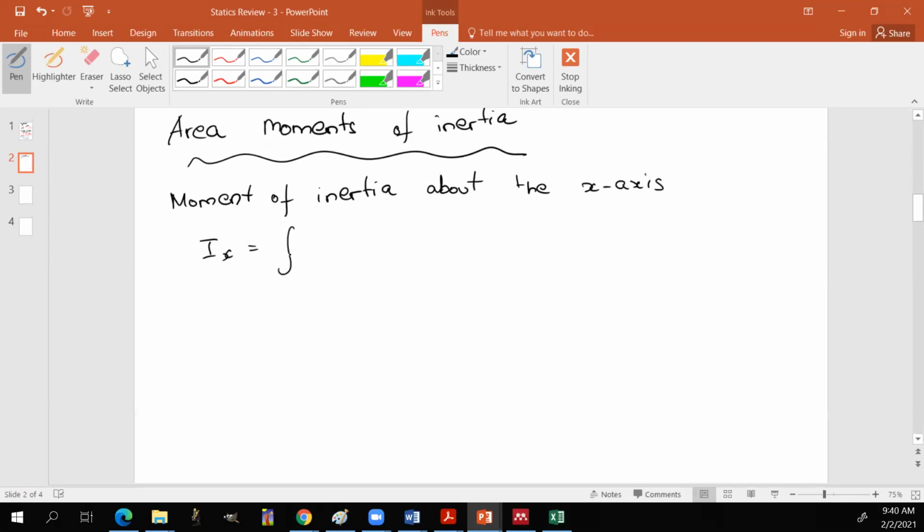Ix is equal to, the definition again is such that now you're integrating y squared over your entire area, right? So let's call this expression number 4. What is important to note here is that when you're finding the moment about the x-axis, you're using y and not x in the integral.